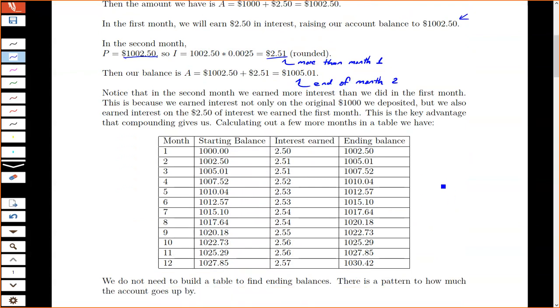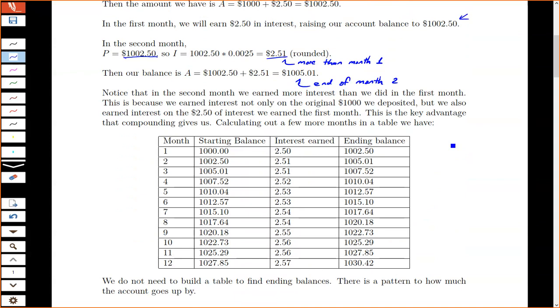This is what makes compounding drastically different from simple interest. Because in simple interest, we say, okay, I'm just going to compute your interest once, and that's it. It doesn't matter how long you borrow the money. The interest will be more if the time is more, but you don't do anything with the interest until the end.